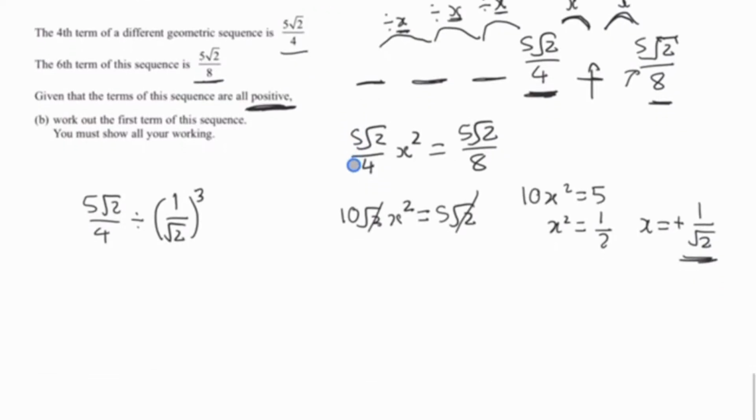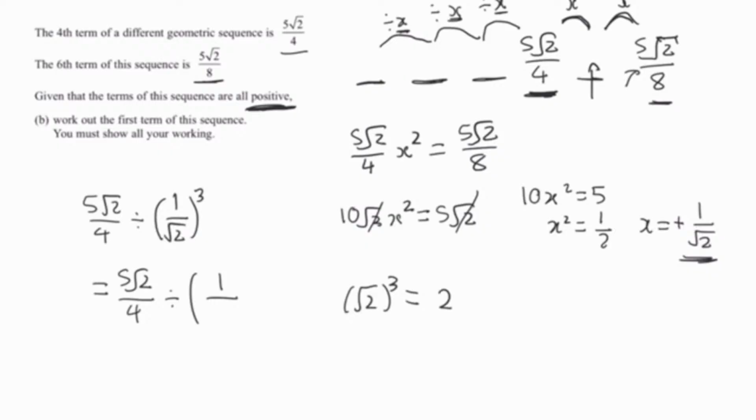So if I scroll down, let's try and actually calculate that. So 5 root 2 over 4, we have this here. And then we have divided by 1 over root 2 cubed. So what is 1 over root 2 cubed? Let's just look at what root 2 cubed is. First of all, let's square it. So root 2 squared is 2.